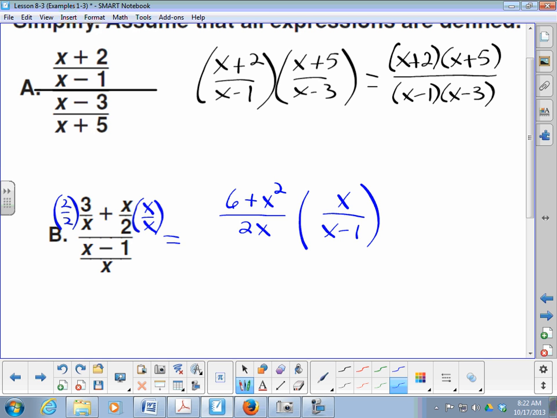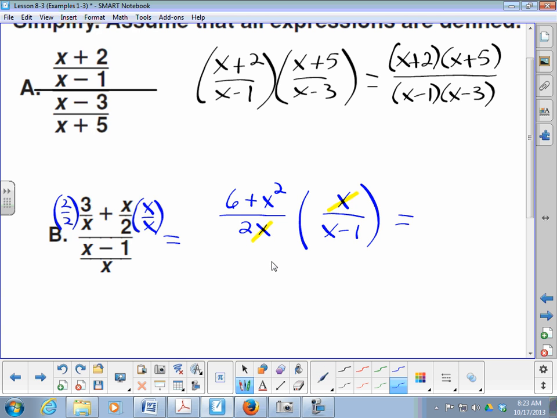So are there any common factors that I can cancel here to simplify this? But Cynthia, there's x. Right. I have these two x's here that I can cancel because those are both factors, because I'm multiplying.